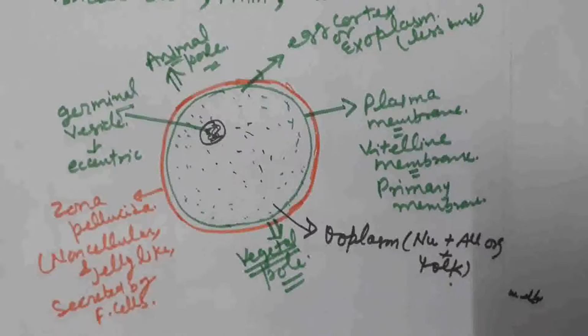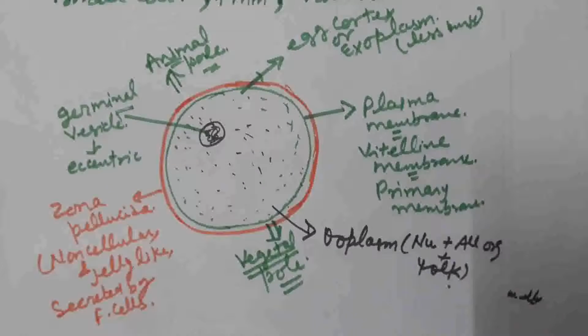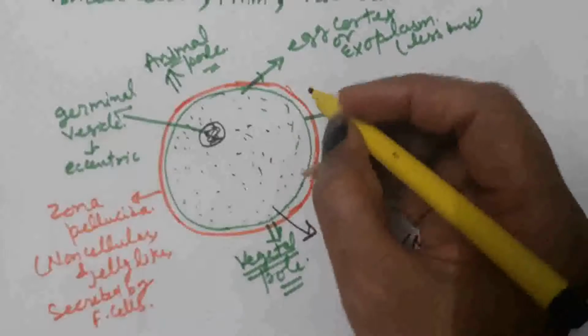The third layer present around the egg is the corona radiata, which is made up of follicular cells.